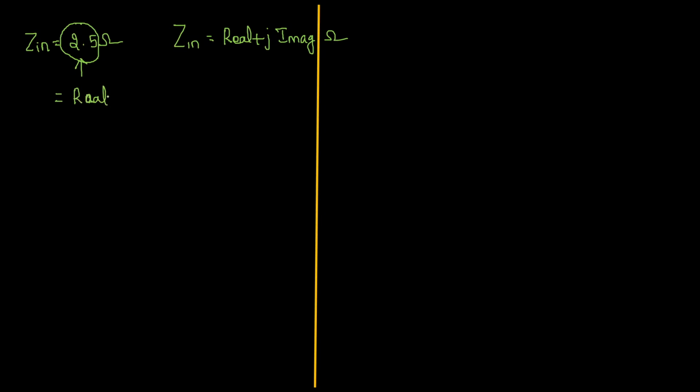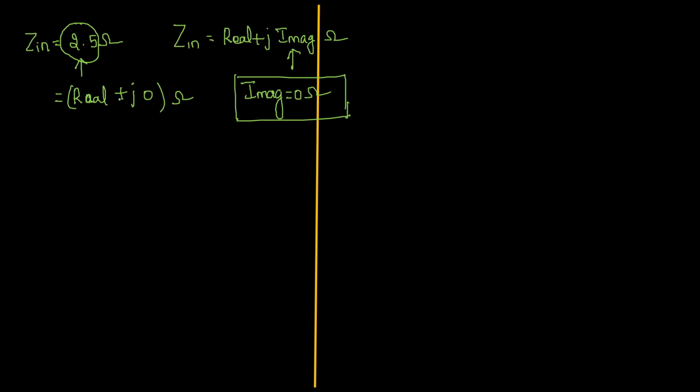Plus then where is the imaginary term? The imaginary term will be 0 ohm. Am I right? So the imaginary part of the impedance is 0 ohm. Exactly. That's why the real part will simply be 2.5 ohm. They only told that.